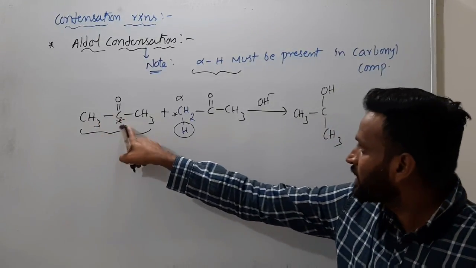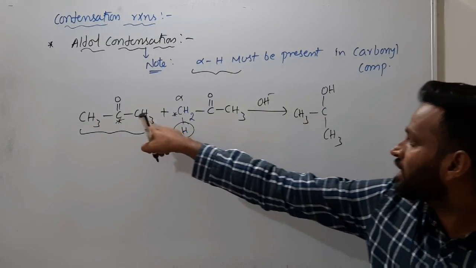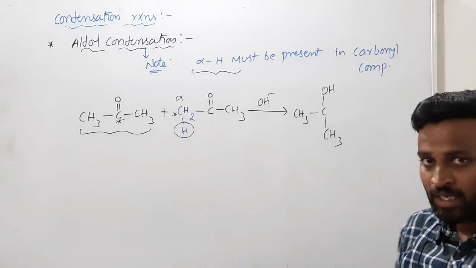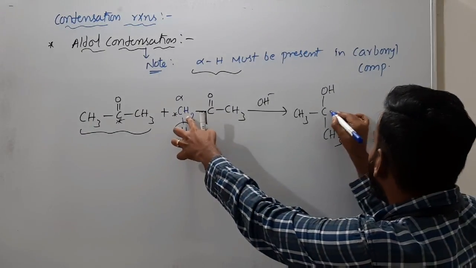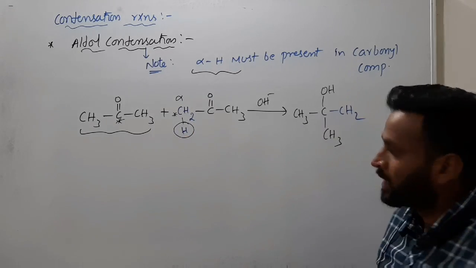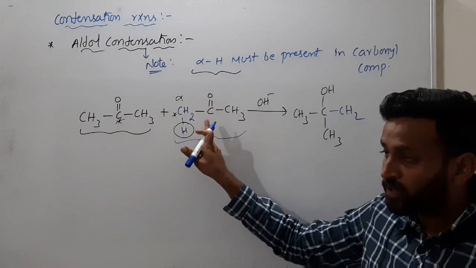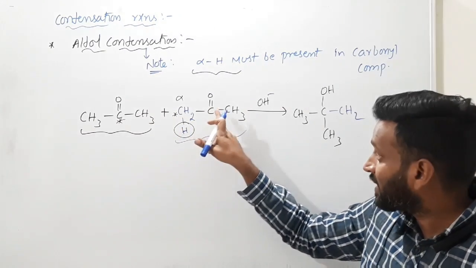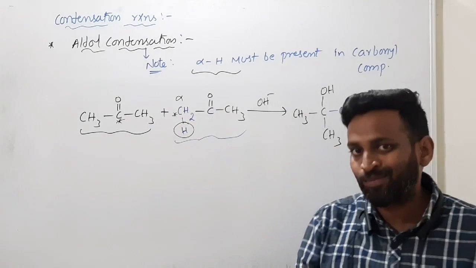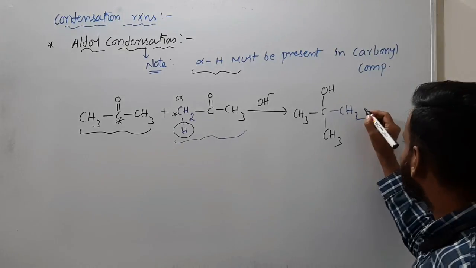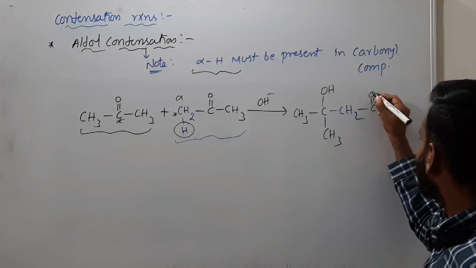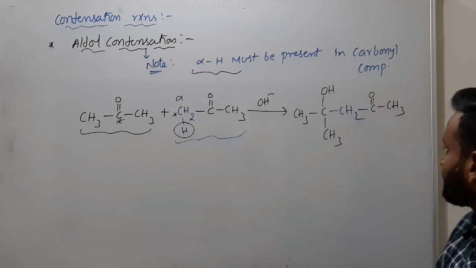So CH3, C, OH, and this methyl I write here. Understanding? Now this blue color CH2. From whichever aldehyde or ketone you are removing the proton, that retains its carbonyl group. Remember that one. So CH2 and C double bond O, CH3.